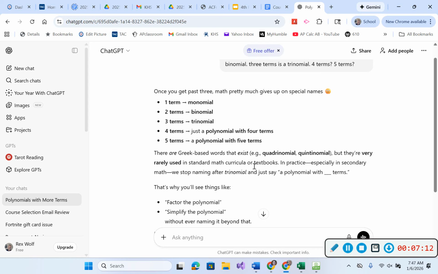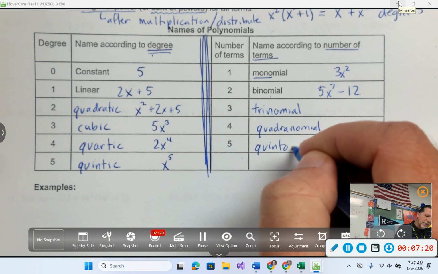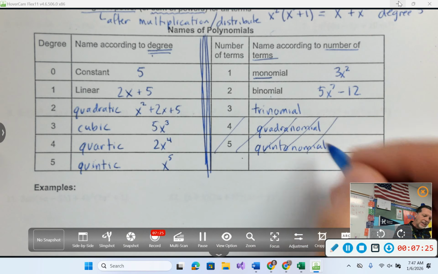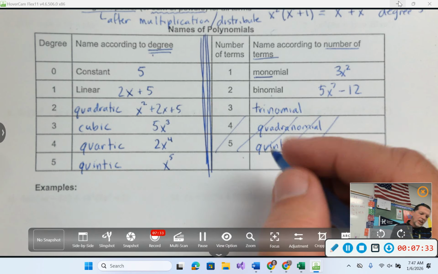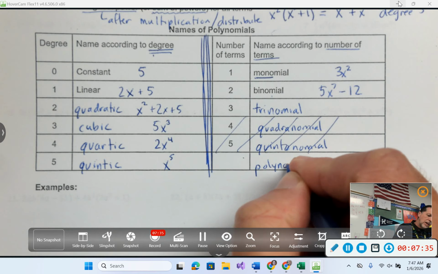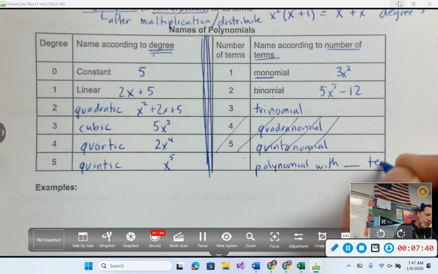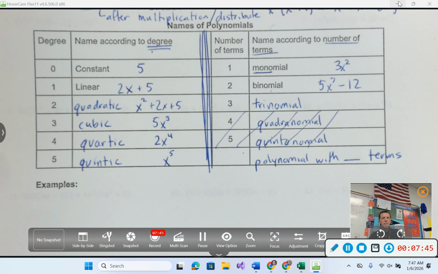But they're very rarely used in standard math curricula. So we're not really going to use those. But, I mean, they're quintinomial. Like, yes, but we don't ever really say those. Once it gets past 3, we usually just say polynomial with blank number of terms. 5 terms, 7 terms, whatever. So those words exist, but you don't have to know them.